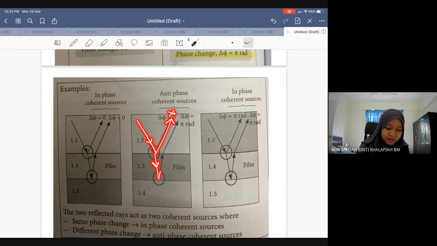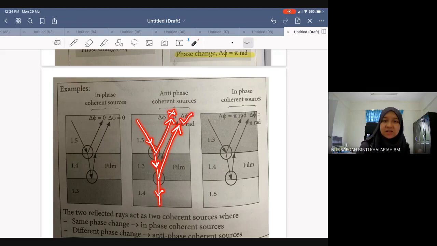Okay, some of the light will be reflected and some of the light will be refracted through the third medium. Okay, the refraction ray is from the lower index of refraction to a higher index of refraction.